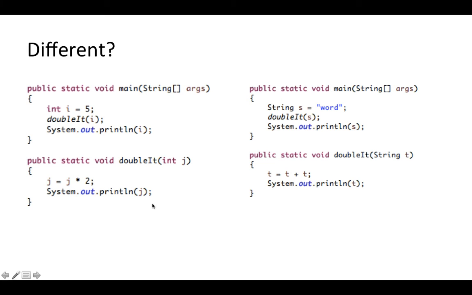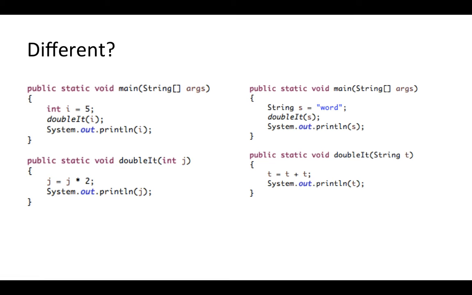When double it is called, we print out the double, 10. But system.out.println is actually going to print out 5. The value of 5 is unchanged. This was passed by value. We sent a copy of 5 to the double it method, which was messed with, but the original value i stays the same.